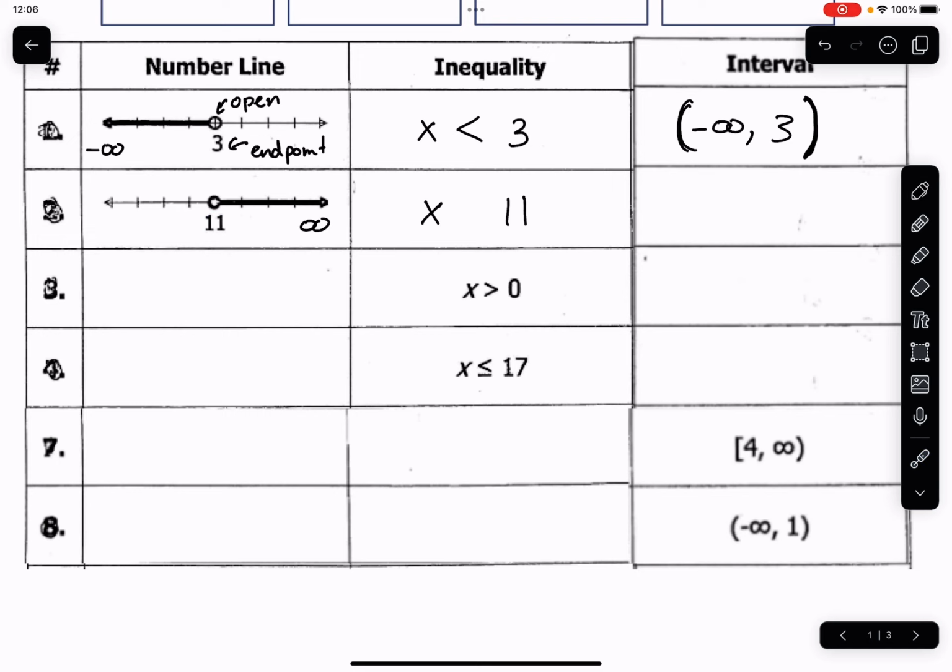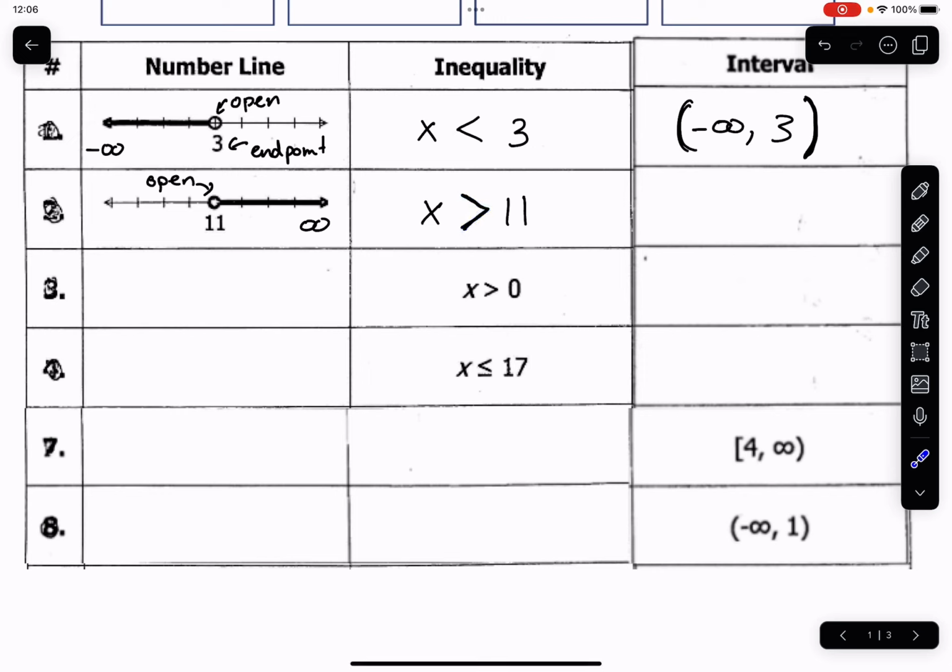Towards the right, that means that the values of x are going to be greater than. So we are using this symbol there. So x is greater than 11. And since we have an open circle, we're going to use the open greater than, and not the closed greater than. The closed greater than will have the equal sign. So in other words, we're simply using strictly greater than.